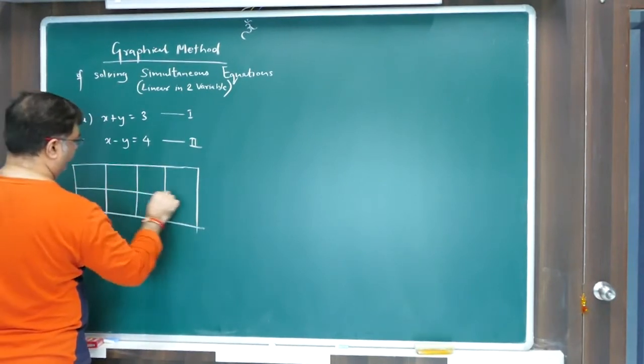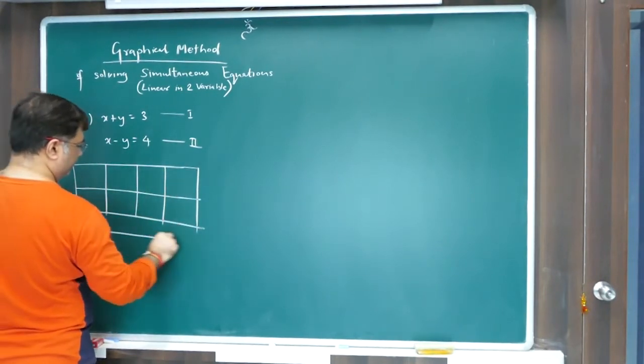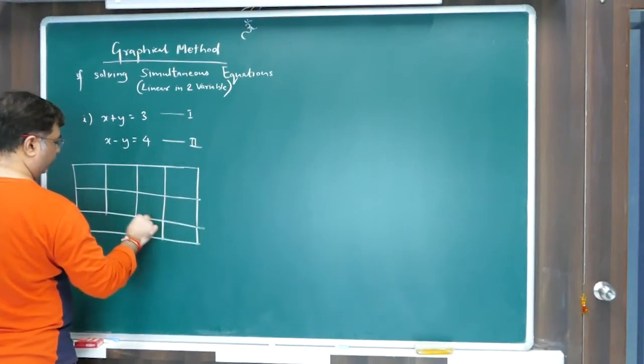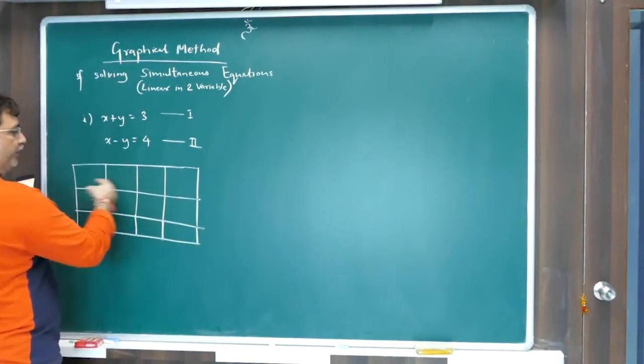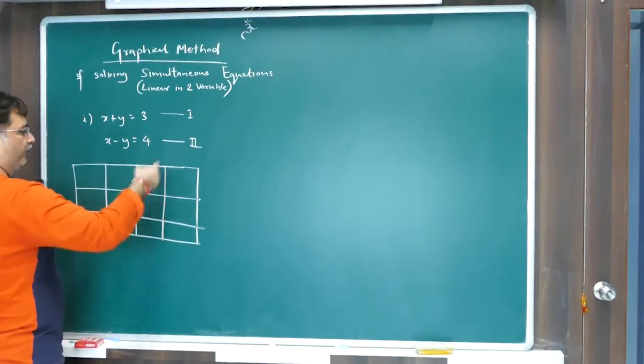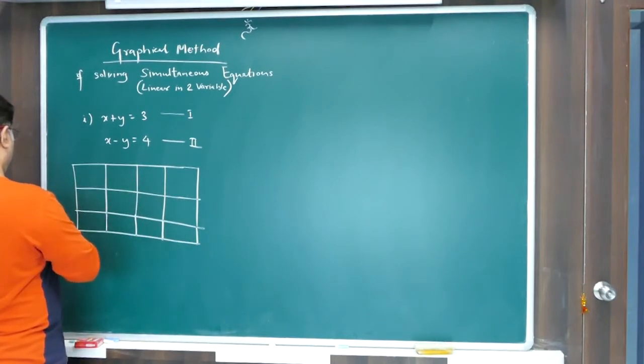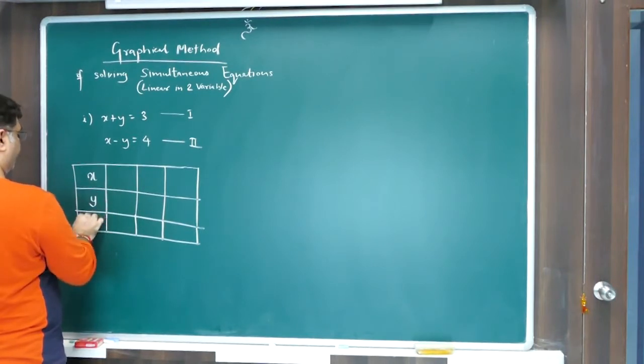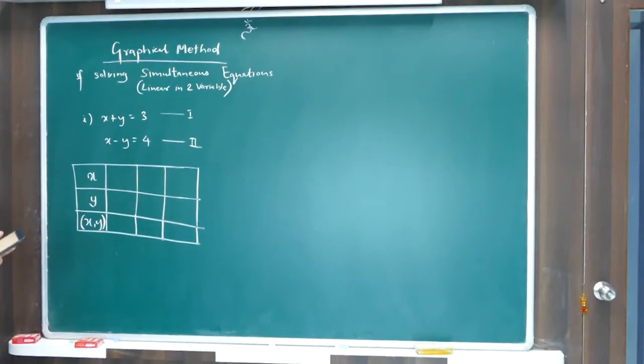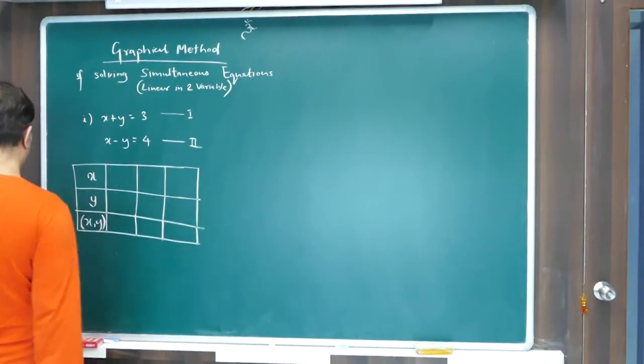So what is a coordinate table? It is basically a 3-row, 4-column table. You can see there are 3 rows and 4 columns. You will have the x coordinate written here, the y coordinate here, and then both coordinates put together, x comma y, at the end.